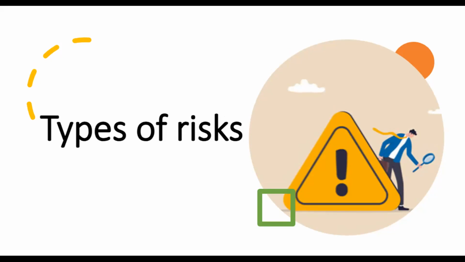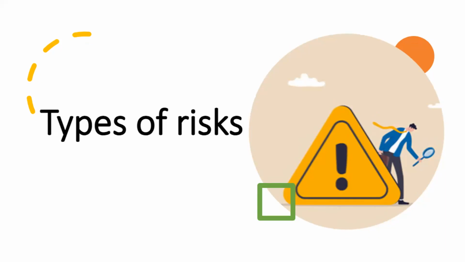So, when we think about different types of risk, we are going to discuss all these types of risk on the basis of financial activities. When we do different types of financial activities, it can be by the organization or as an individual. When we are doing any kind of activity, there can be a number of risks involved, and those are the risks on the basis of financial activities.